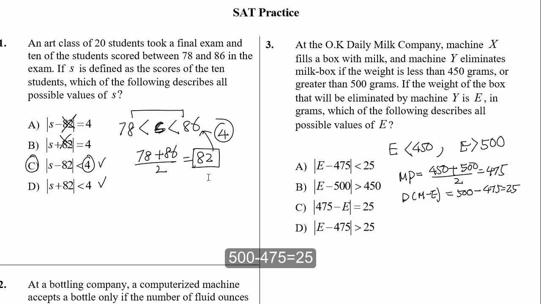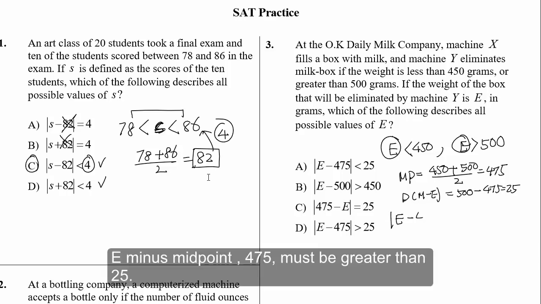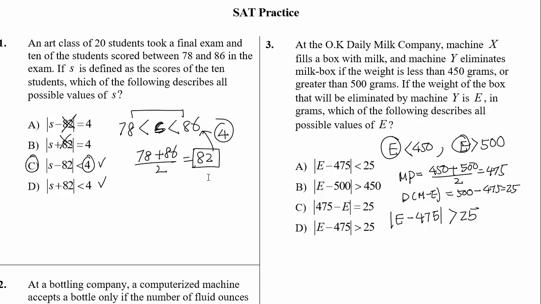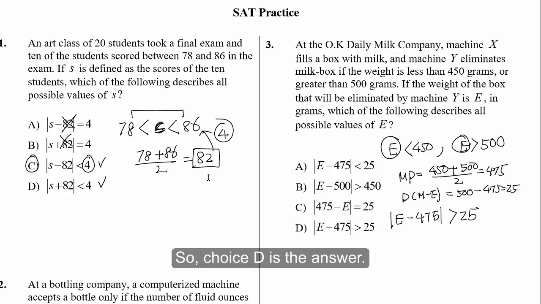That's the distance. So E minus midpoint 475 must be greater than 25. That's right. So choice D is the answer.